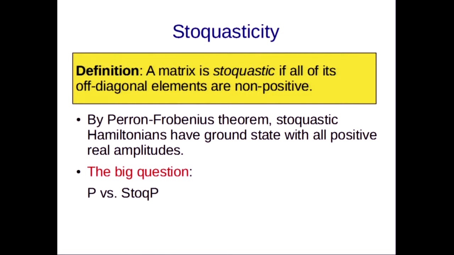Is it true that classical algorithms can, in polynomial time, just simulate everything that stochastic adiabatic quantum computers can do or not? And I think that's one of the really interesting foundational questions in our field of adiabatic computing. And that question is kind of the motivation behind everything I'll talk about today.